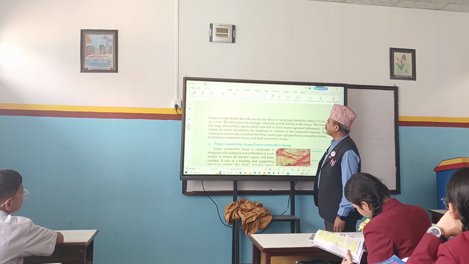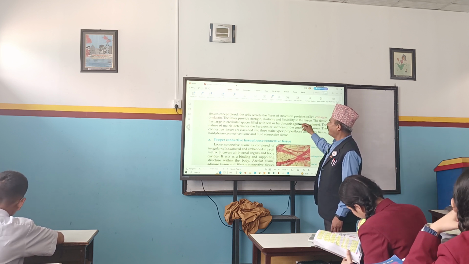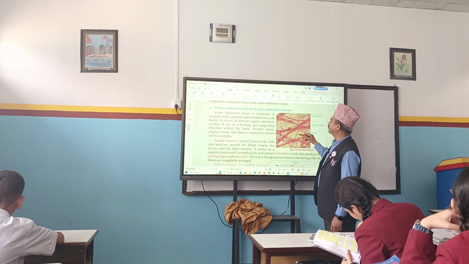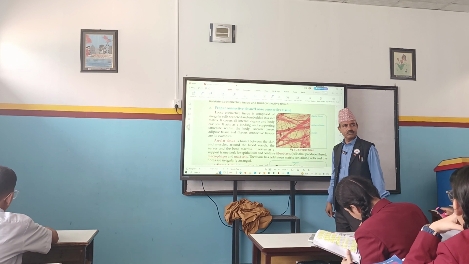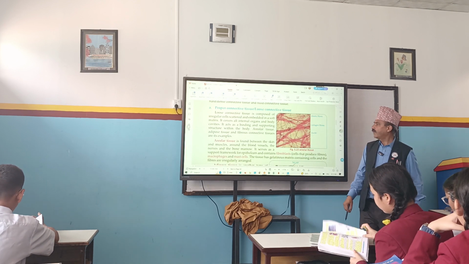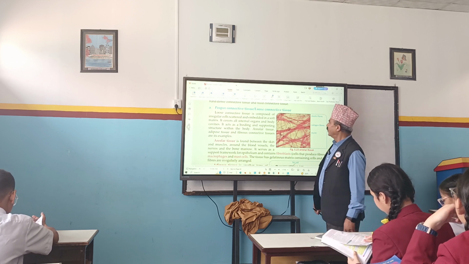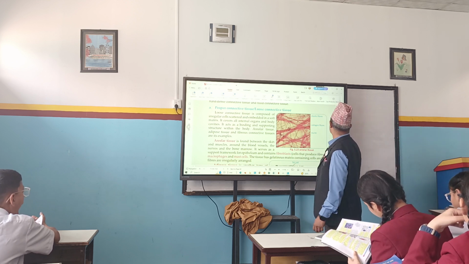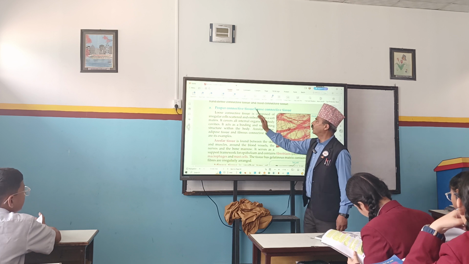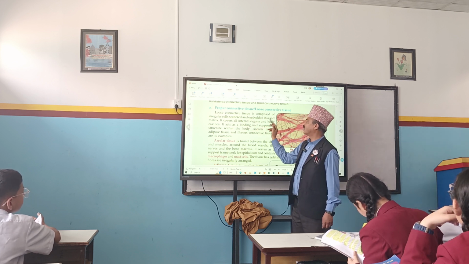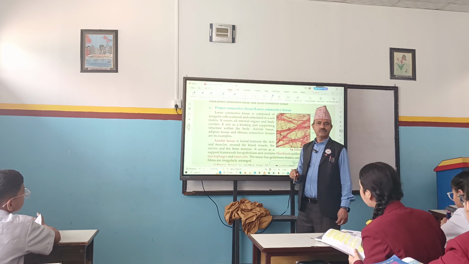So this is the chart of connective tissue. And here, proper connective tissue or loose connective tissue, right? What is the first type of tissue? Proper or loose. So what is given here? Loose connective tissue is composed of irregular cells.